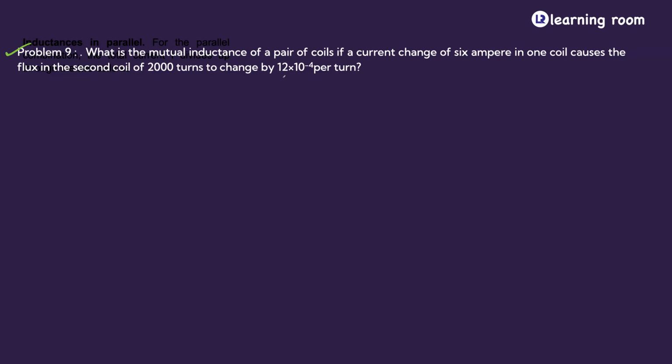So what is the flux in the second coil? Total flux in the second coil is 2000 into 12 into 10 power minus 4. See, 12 into 10 power minus 4 is for one turn. 2000 turns are there, multiplied with 2000. This should be equal to capital M into what is the change in current taking place? 6. So 6 will cancel this 12 two times.